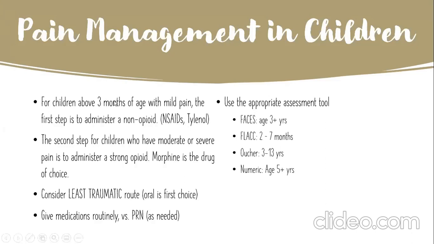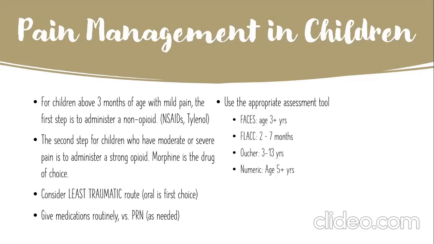NSAIDs is 6 months, but this is what ATI told us. But you normally don't give anybody ibuprofen before 6 months, so just write that down. The second step for children, I think they just put that in parentheses, those are the 2 meds you should go to first.